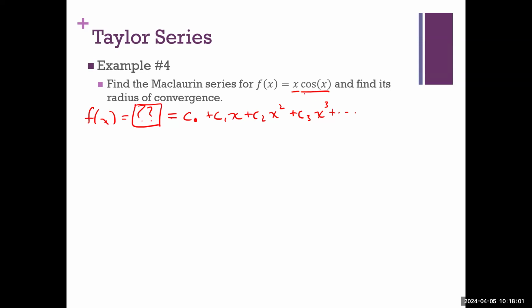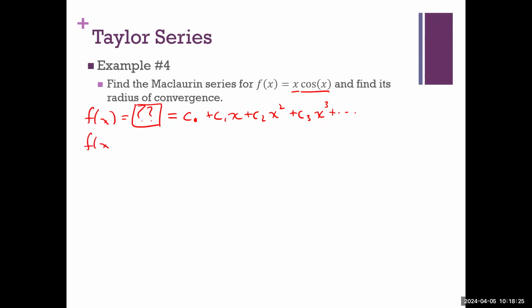So really, it's the cosine that doesn't look like this, right? If we could find a way to just turn cosine of x into a power series, I think we could just multiply them together. Does that make sense? Basically, what I'm saying is this.